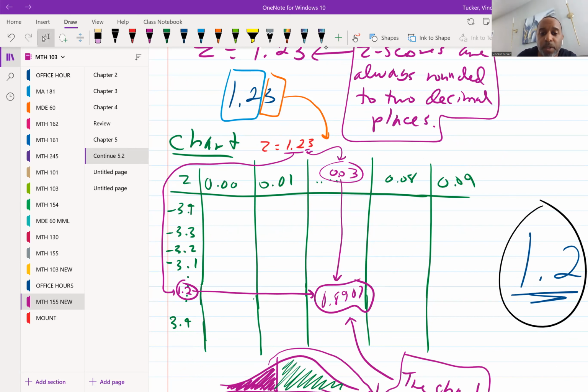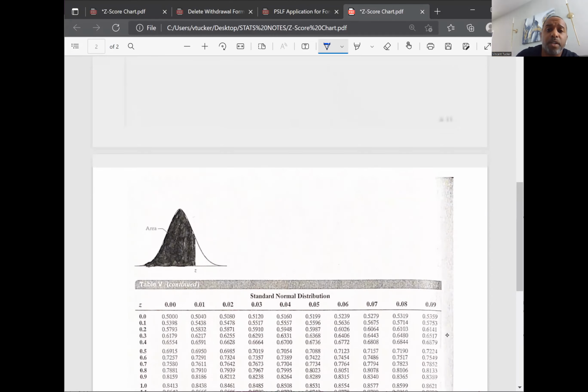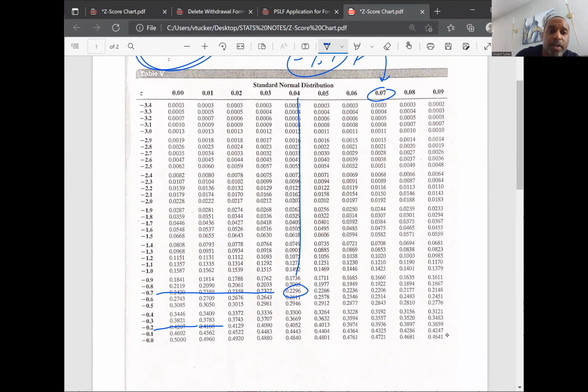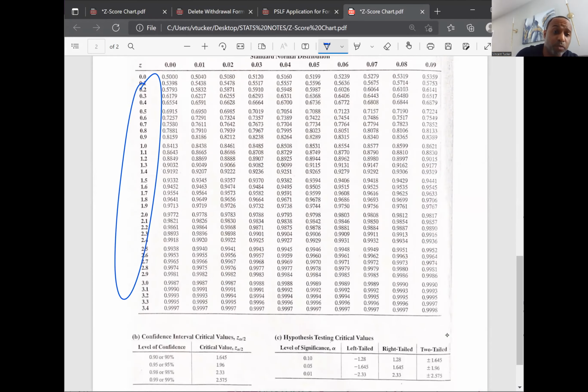All right, so let me show you what this chart looks like. It looks similar to this. It'll be 2 pages. One page is your negative values. If your z-score ended up being negative, it'll be on this page. If your z-score ended up being positive, it will be on this page. But it's one whole chart.